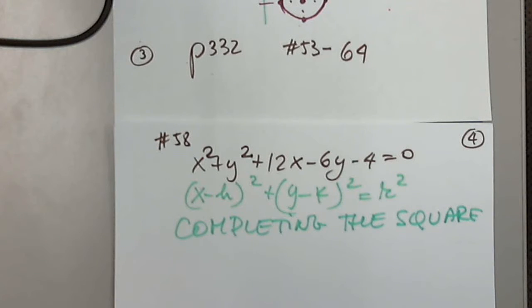True, true. Okay, so all I have to do is manipulate all this and change it into two what? Completed squares. Yes. One that has only x and some number, and the other one that has only y and some number. Exactly.